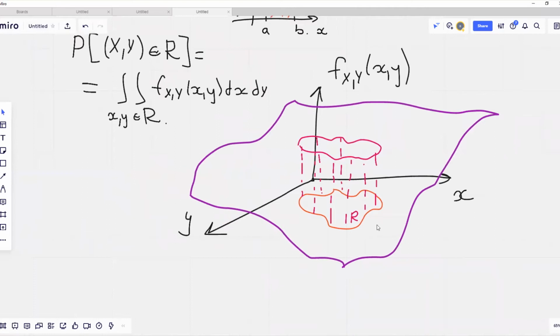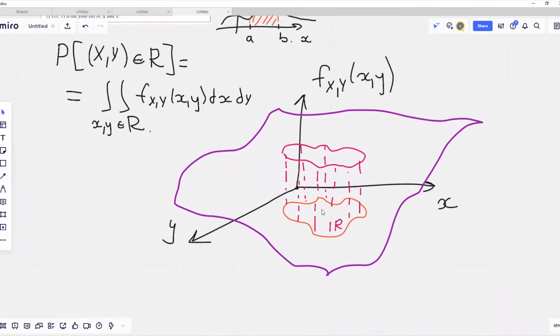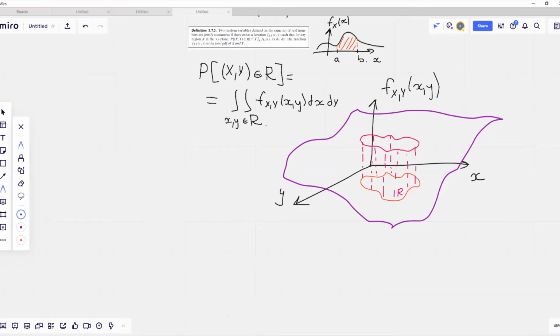And from calculus, we know that to find the volume under a curve, we have to find the double integral of that PDF of X and Y. Since we're looking for a volume above region R, we'll integrate over the values of X and Y such that they are in that region R.